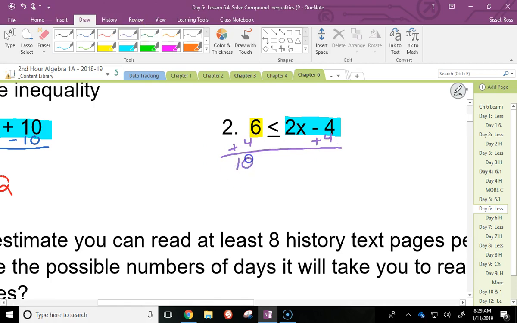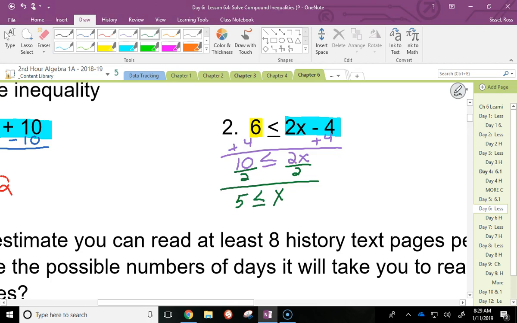So I have 10 is now less than or equal to 2x. How do I get x alone, Braden? Yeah, let's divide by 2. And we would get 5 less than or equal to x.